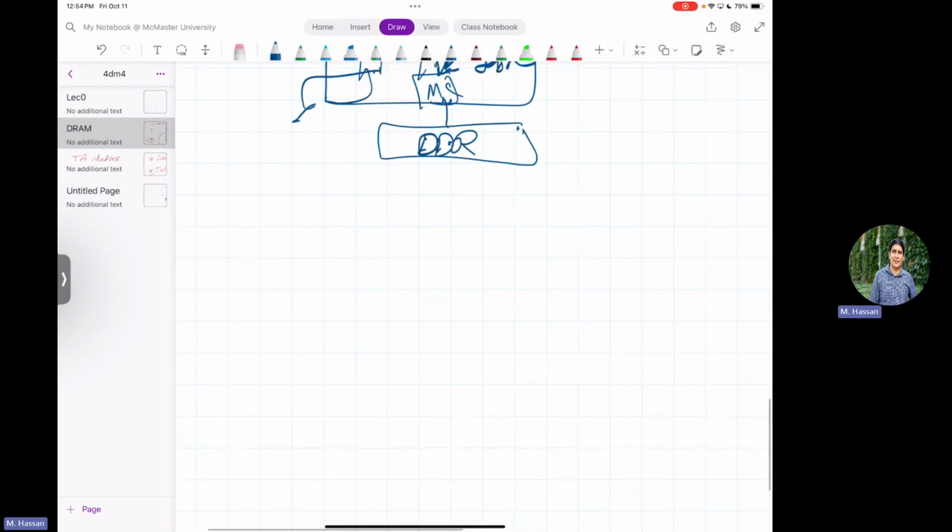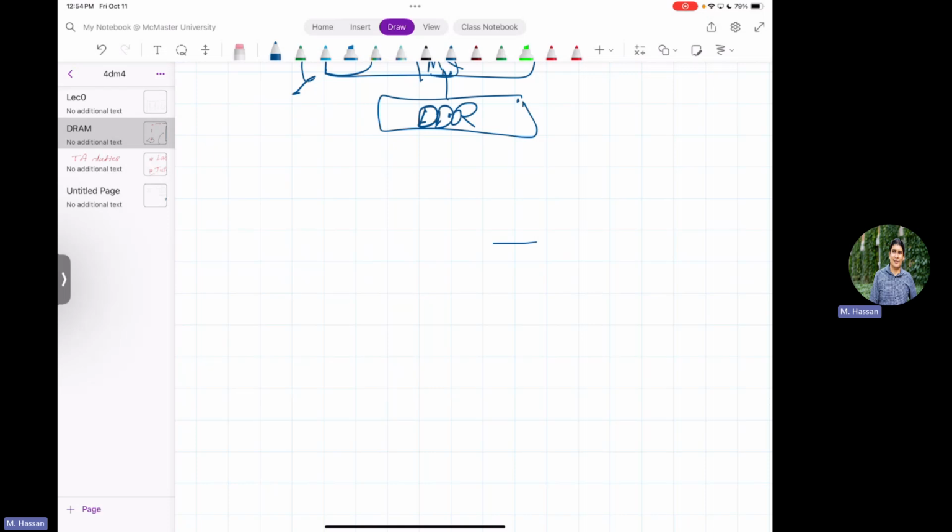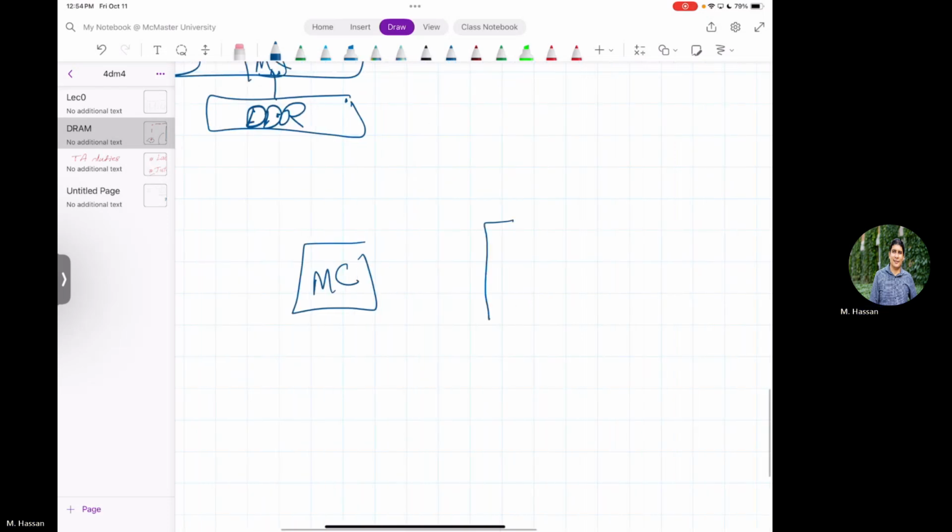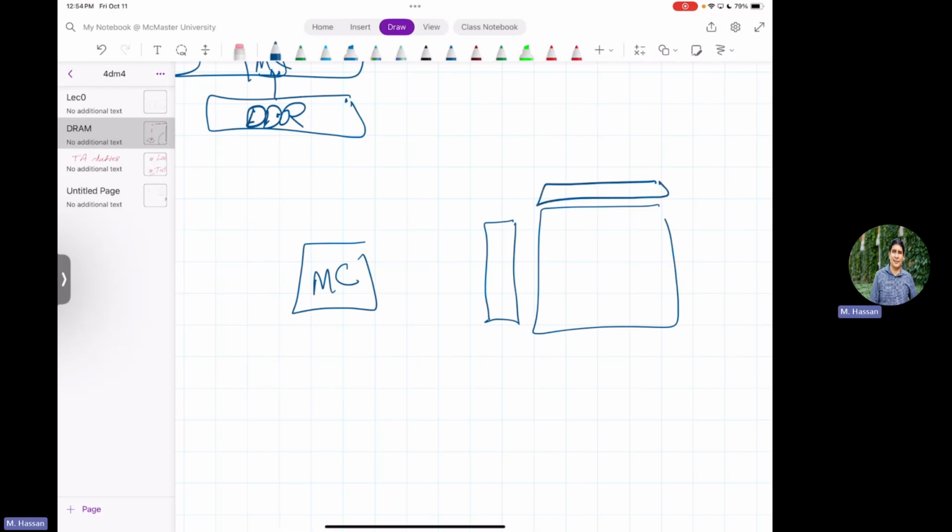So one block of the memory controller, just to show you the operation, I have a memory controller here, and I have my bank. Now let's focus on a single bank, and then the discussion can be generalized later on.